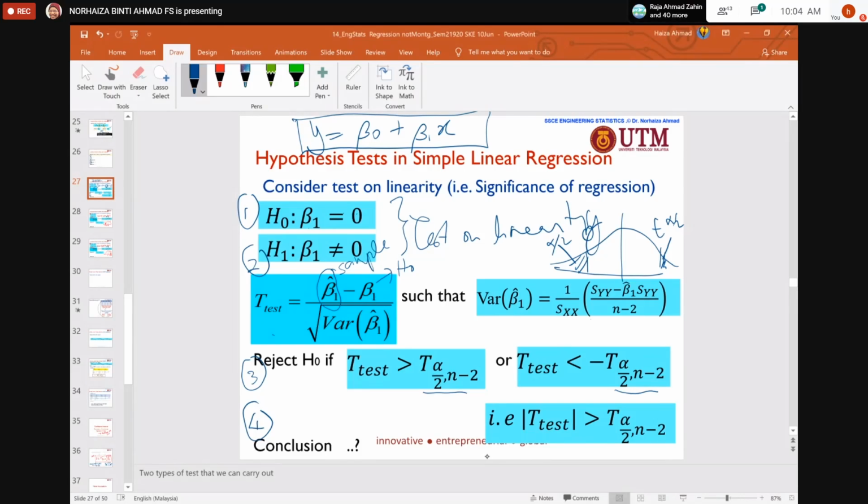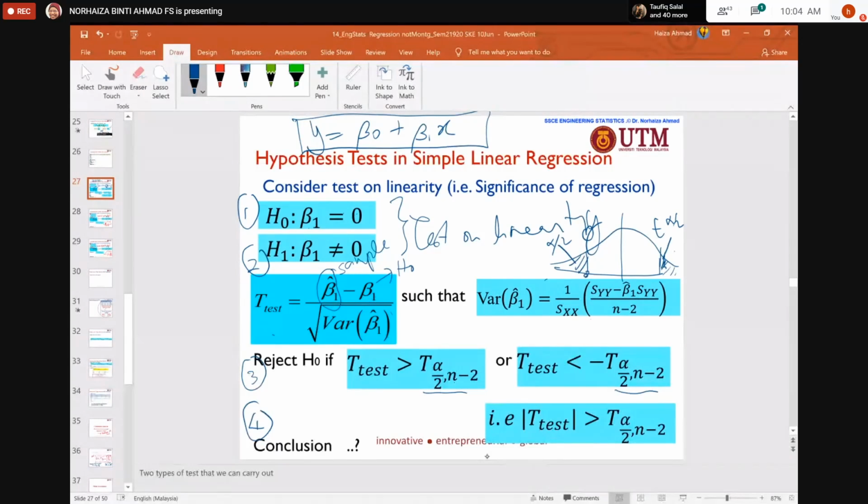And your decision rule, because this is not equals to, when you want to test your parameters, not equals to in H1, that means this is a two-sided test. So this is alpha over 2, alpha over 2. And your critical point is given by t alpha over 2, n minus 2.